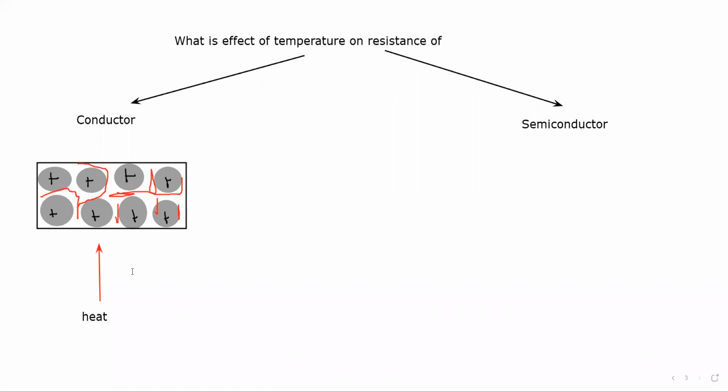When we heat a conductor, the positive ions vibrate faster. So as these positive ions are vibrating faster, they're moving, vibrating in all the planes.